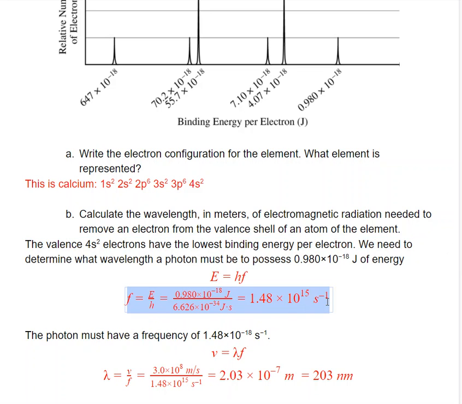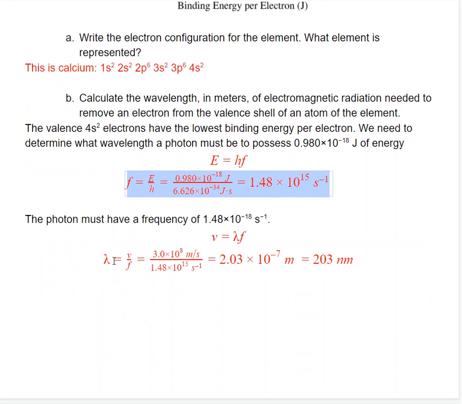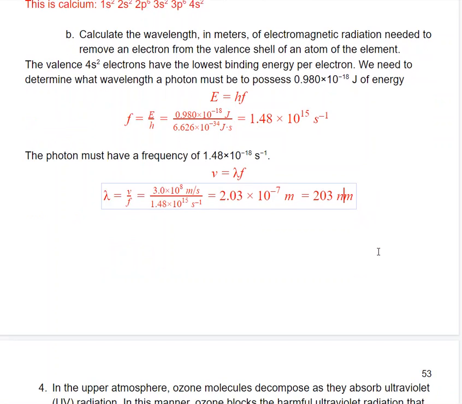So first I solve for my frequency necessary for that energy, and then I converted using my other equation. I just solved for wavelength by dividing the speed of light by the frequency of the photon, and I get 203 nanometers.